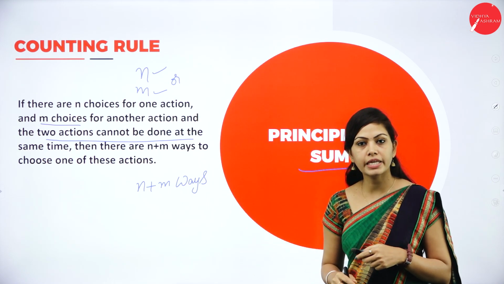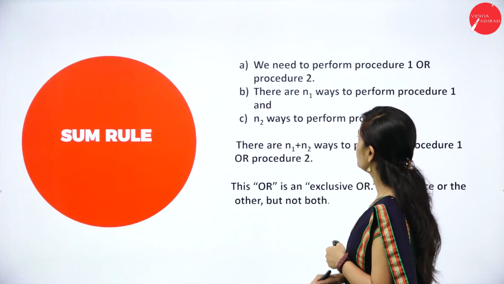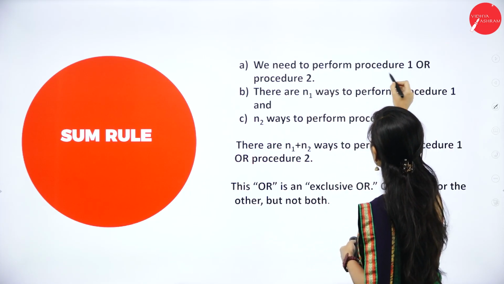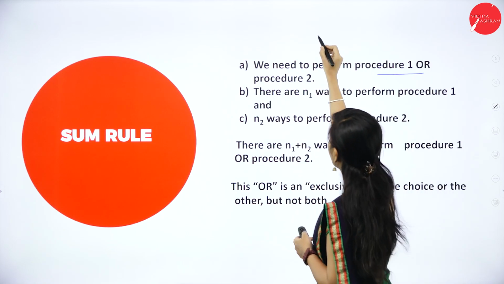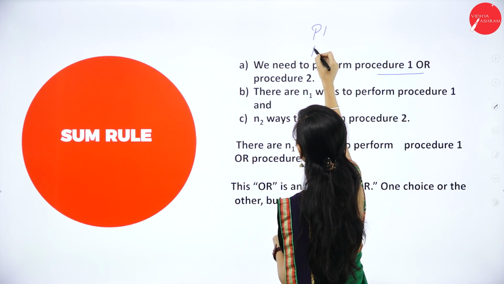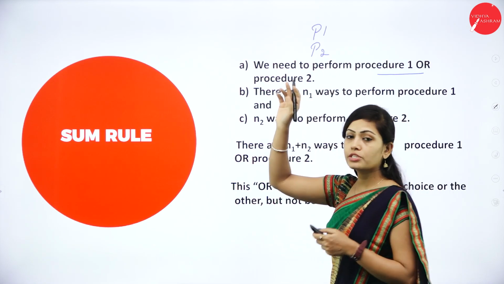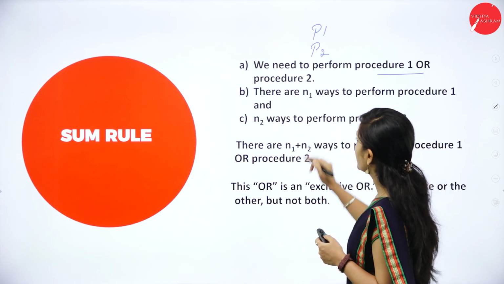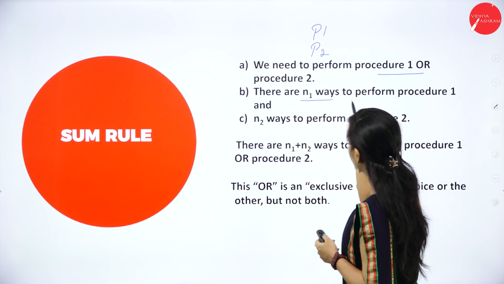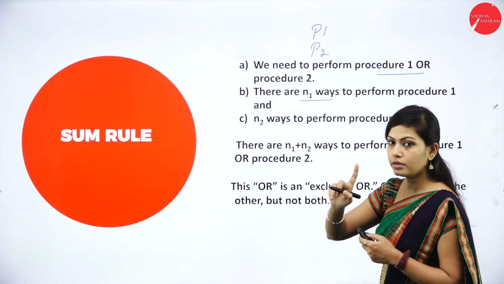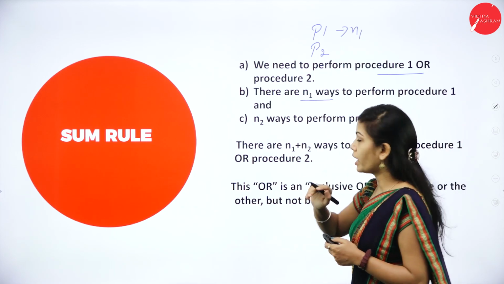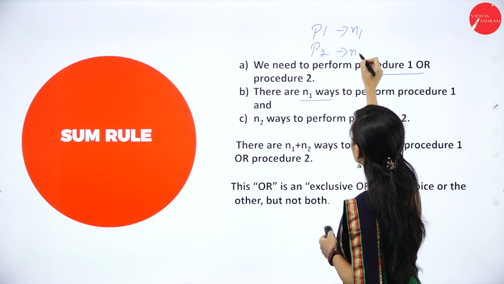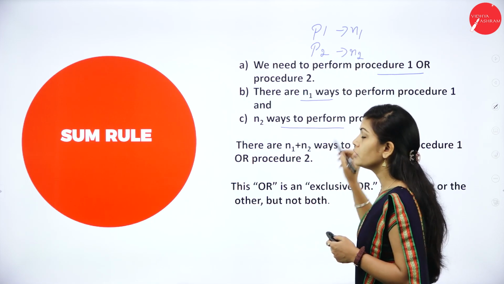So, let us understand the sum rule. We need to perform procedure 1 or procedure 2. The 2 actions cannot be done at the same time. In sum rule, there are n1 ways to perform procedure 1 and n2 ways to perform procedure 2.